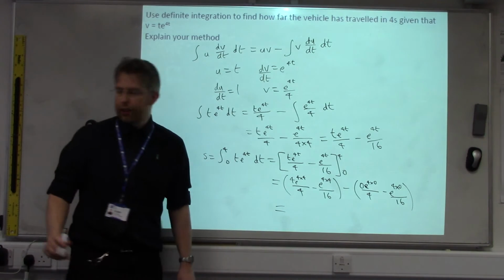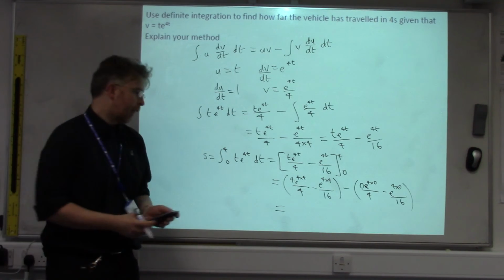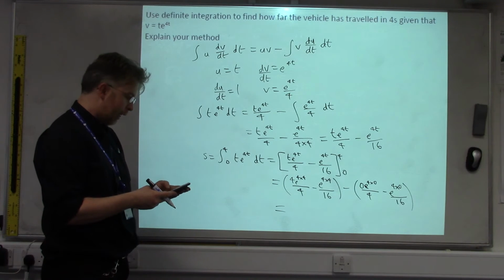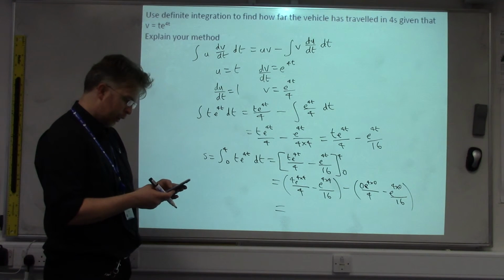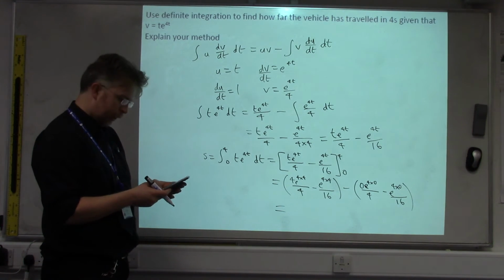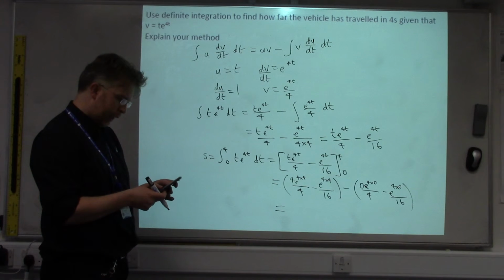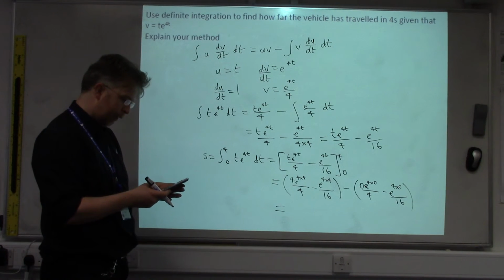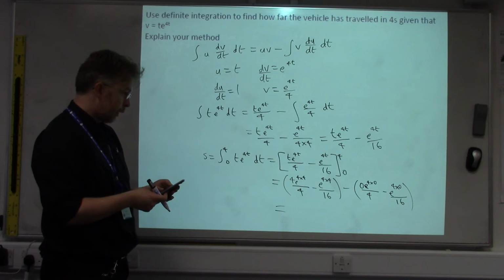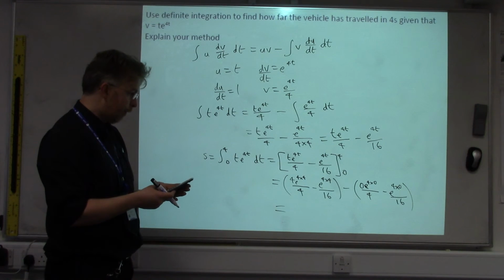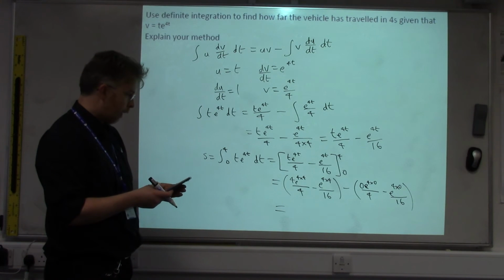Stick that all into a calculator and we'll get our answer. Open bracket, 4 e to the power of 4 times 4 all over 4 minus e to the 4 times 4 all over 16, minus, open bracket, 0 e to the 4 times 0 over 4 minus e to the 4 times 0 over 16.